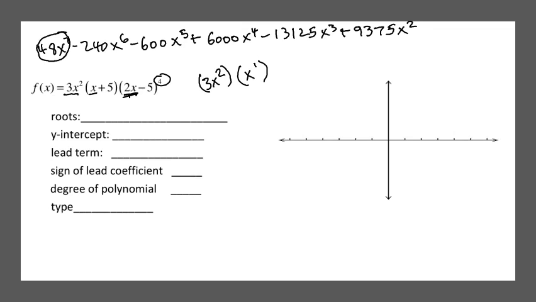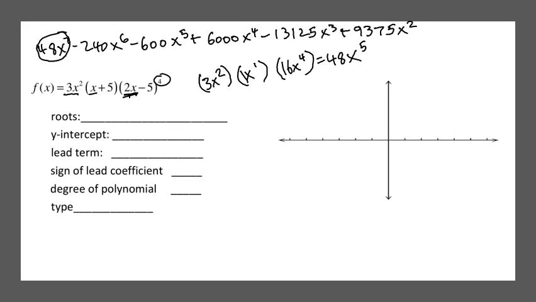So we're multiplying by (2x)^4, which if we multiplied it out would be 16x^4. 3 times 1 times 16 is 48.